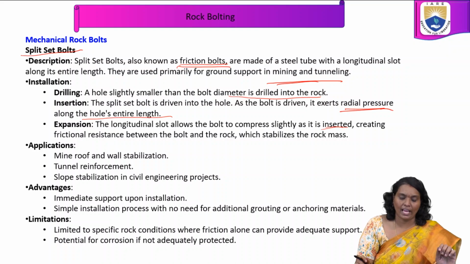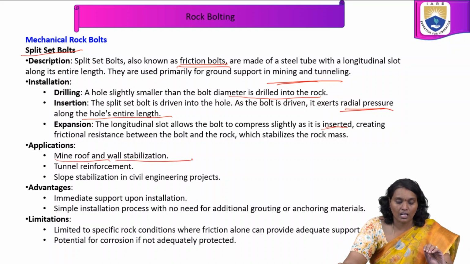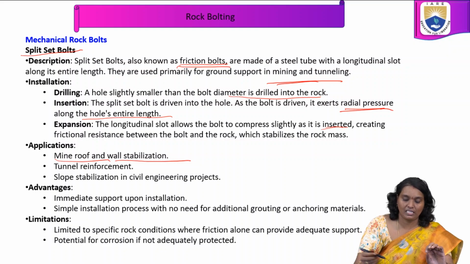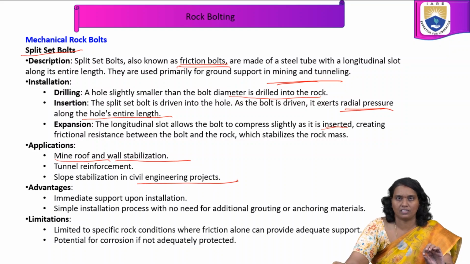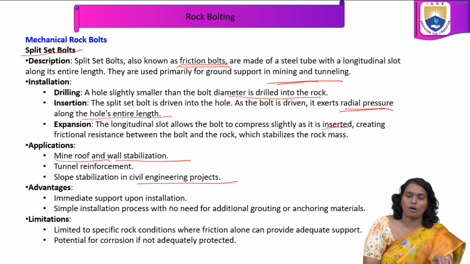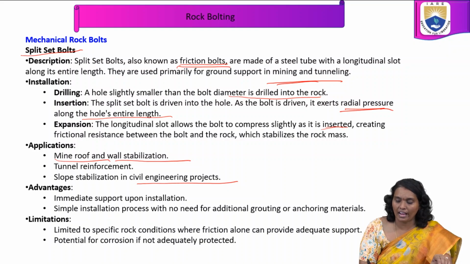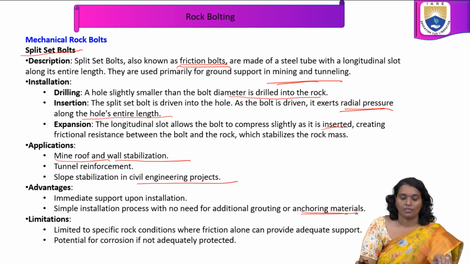They are applied in mine roof and wall stabilization, tunnel reinforcement, and also soil stabilization in civil engineering projects. The advantages of split set bolts are immediate support upon installation and a simple installation process with no need for additional grouting or anchoring materials.